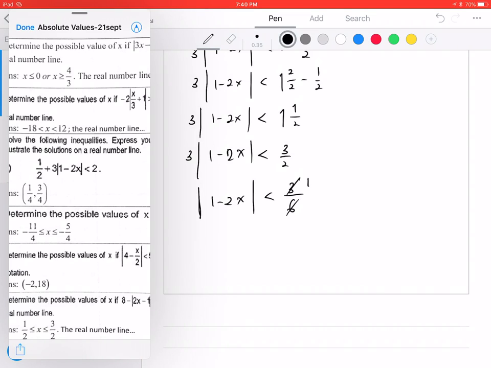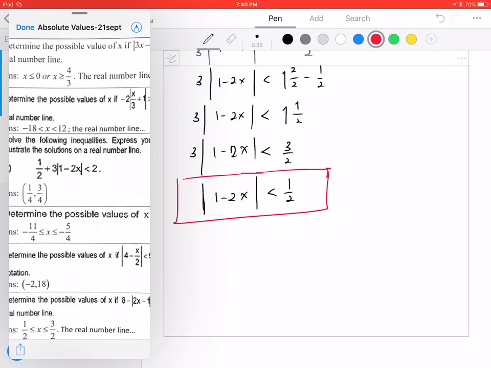You can cut it down to 1/2. So this one will be your final equation.